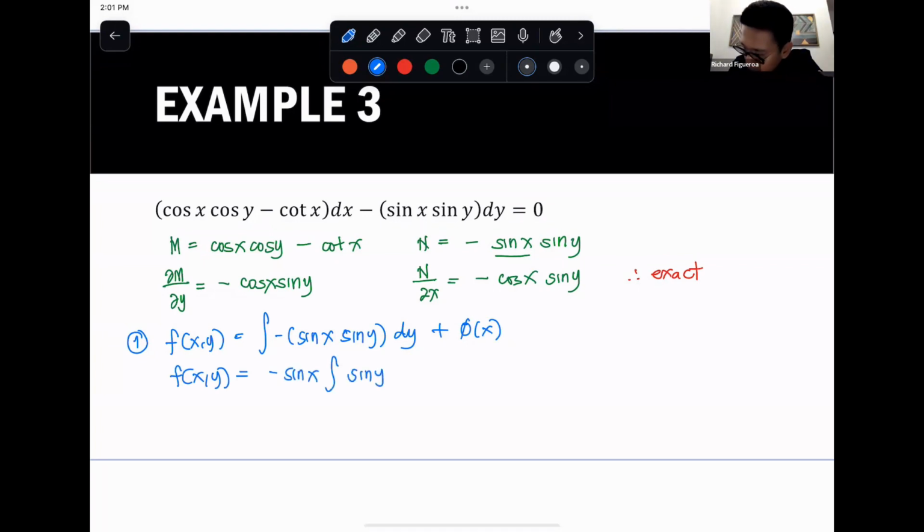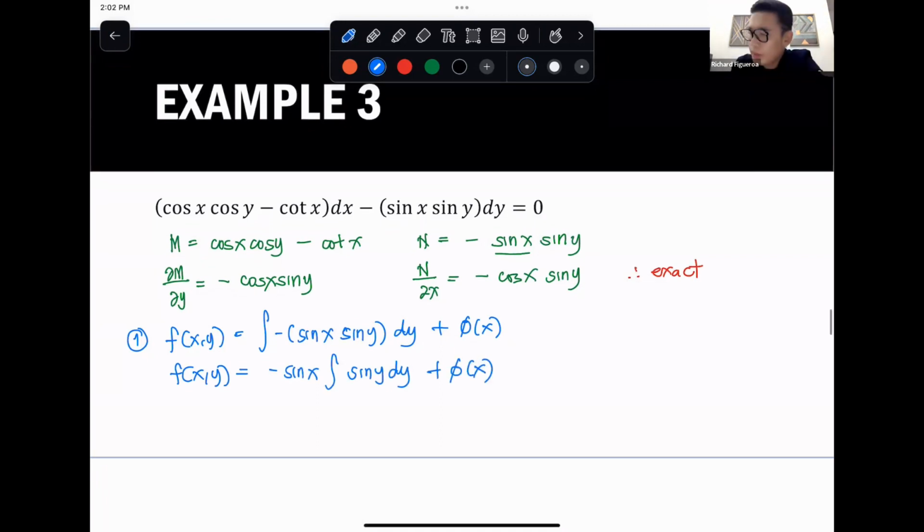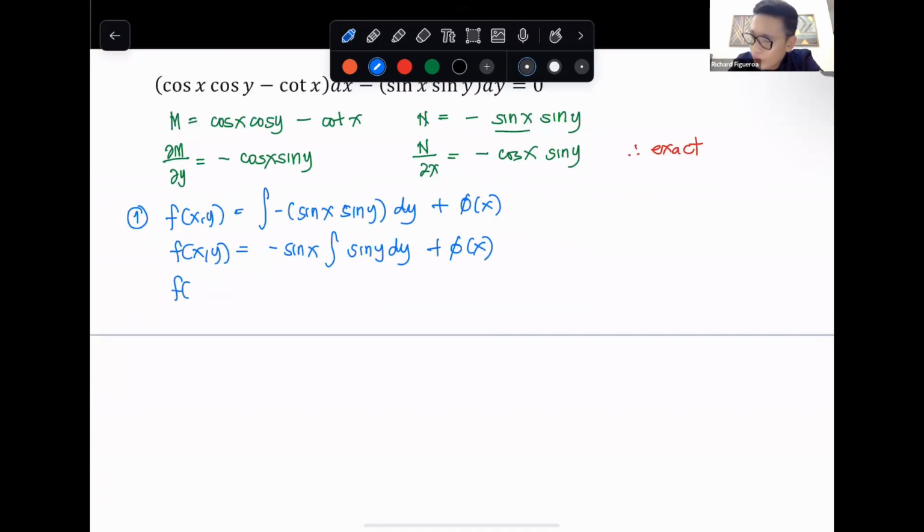Integral of sine y dy, plus p of x. So f of xy then is equals to negative sine x, sine x. So supposedly negative, no?